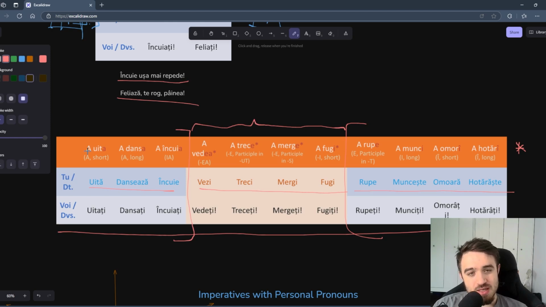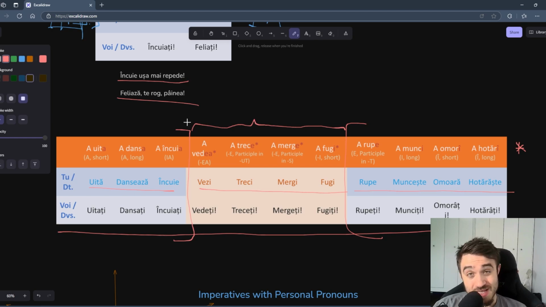If I say dance, "dansează". If I say close or lock, "încuie". Now, if I want to say see, "vezi", and then "treci", cross the street, "treci", "mergi", like go, "fugi", run.